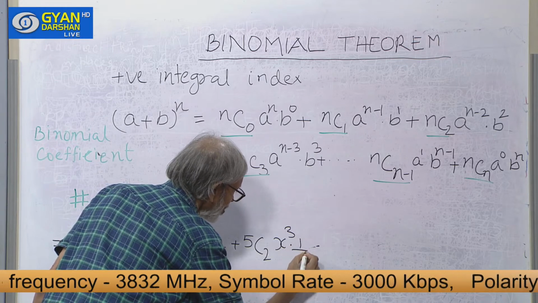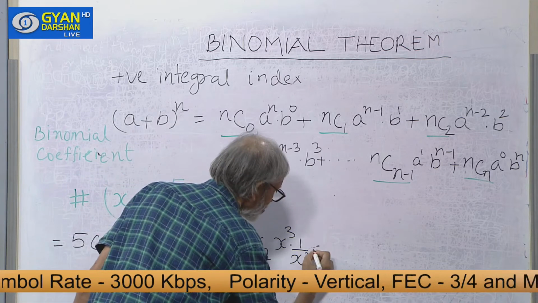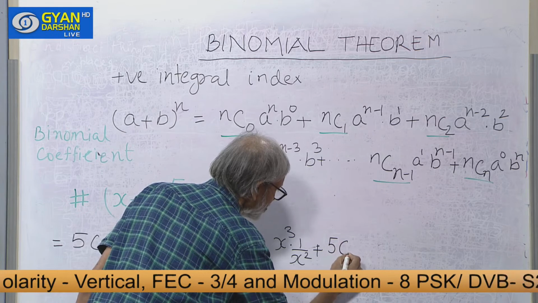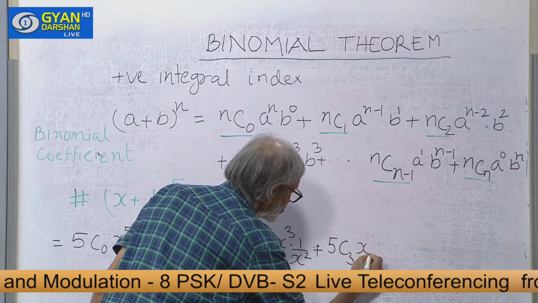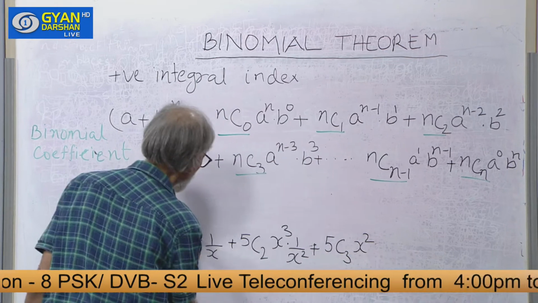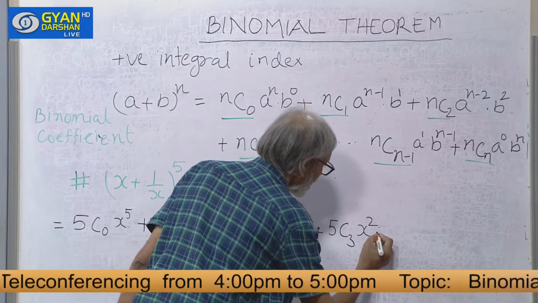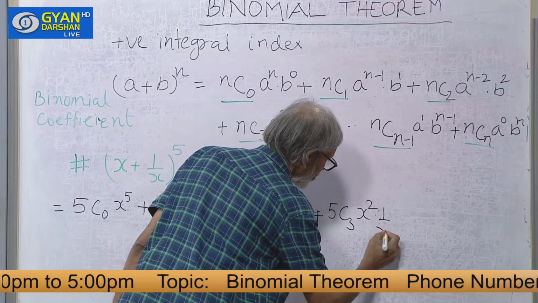So, it will be 1/x squared, plus 5C3, it will be x squared, because the power of x is decreasing successively and this is increasing, 1/x cube.